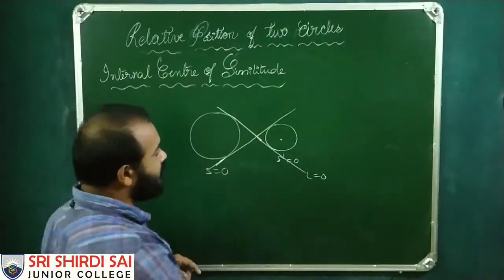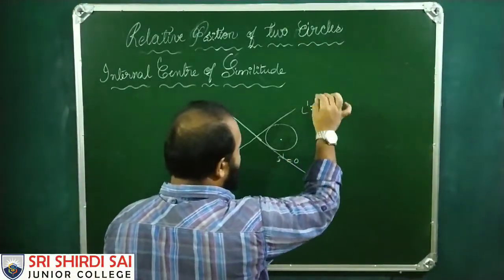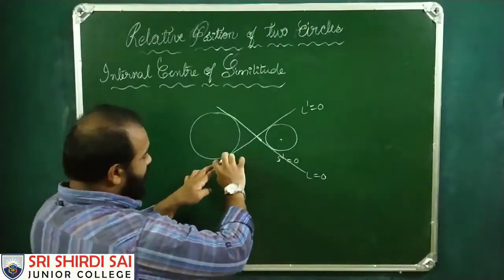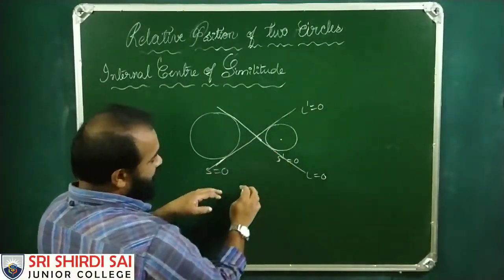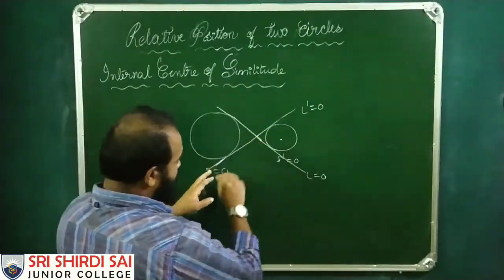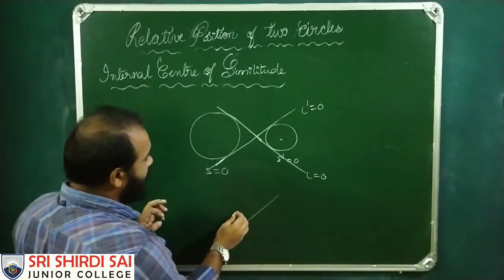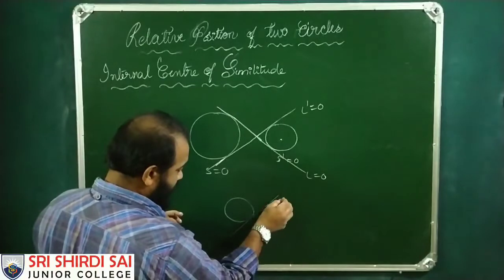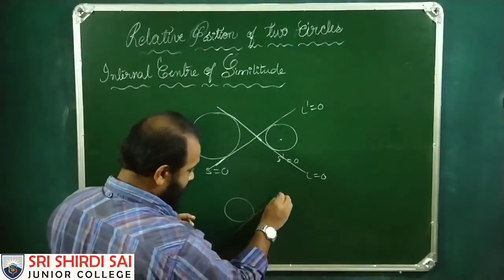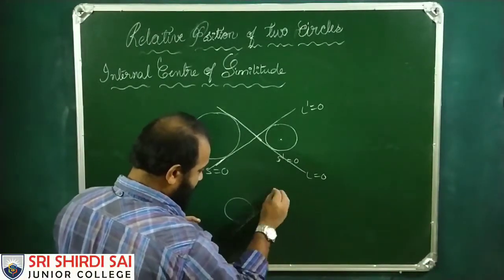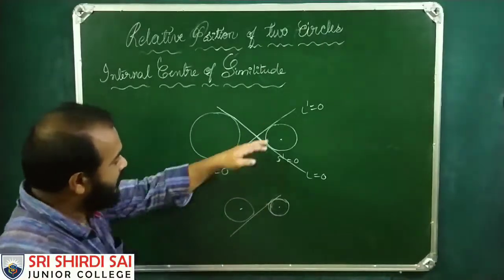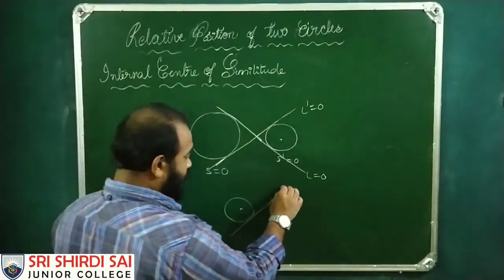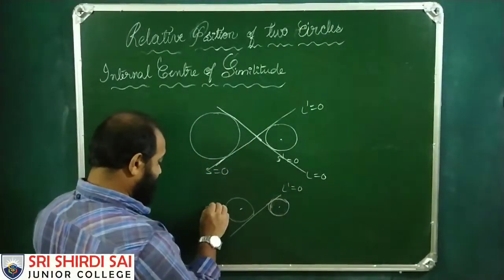Why? Because this is another line L' equals 0. For this L' equals 0, the two circles, so the situation is something like this now. This line I am talking about, L' equals 0. This is S equals 0.